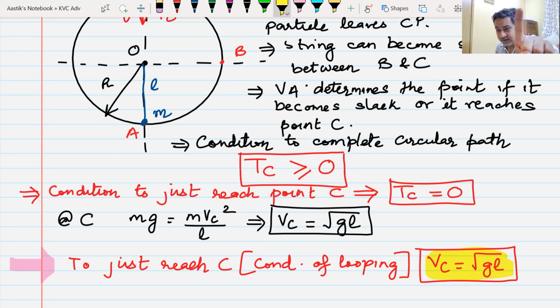And gravity is a conservative force. So you can apply law of conservation of mechanical energy, LOCOME. That is what you got to do, my dear friends.